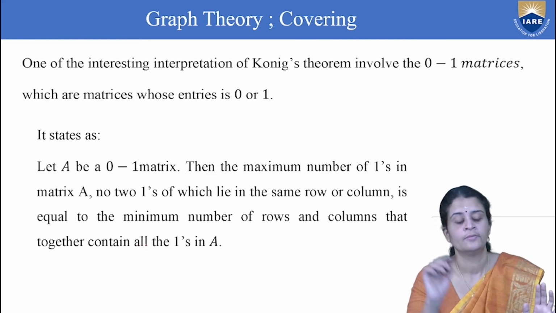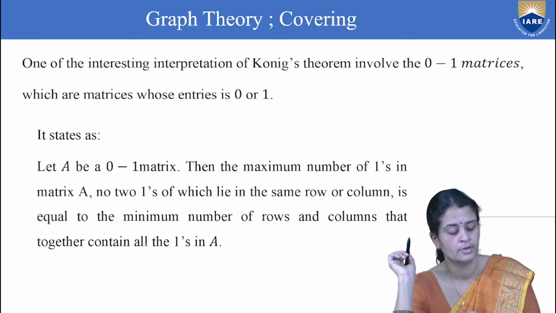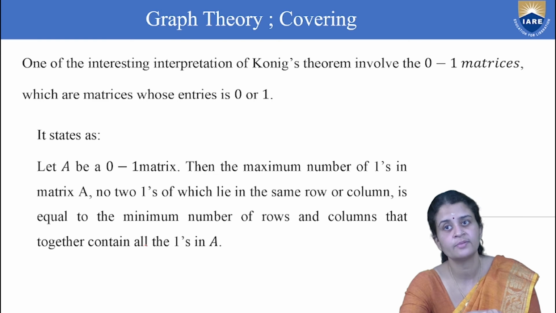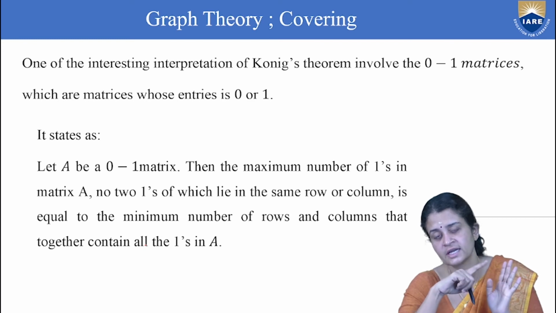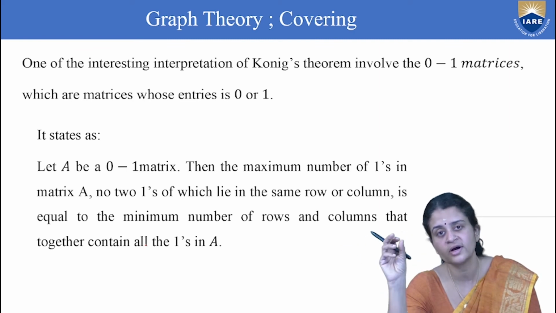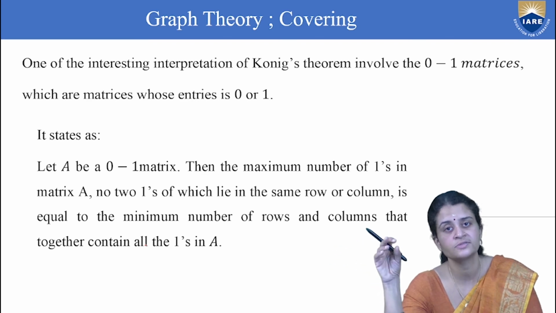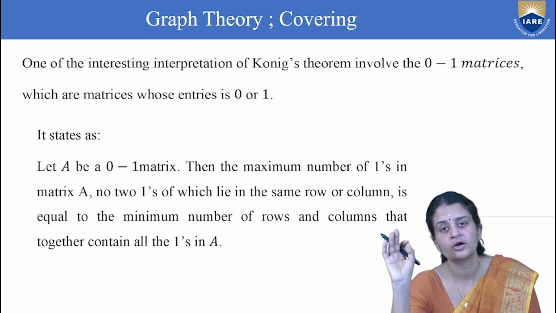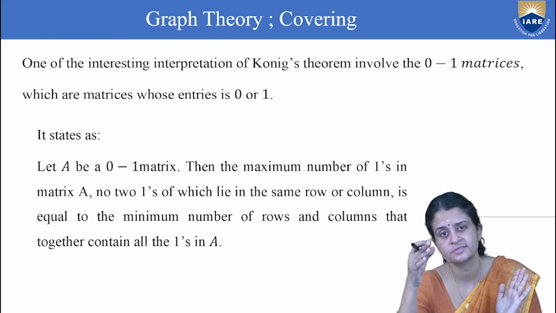What does it say? Let A be a 0-1 matrix. Then the maximum number of ones in A such that no two ones lie in the same row or column, that is, the number of independent ones, is equal to the minimum number of rows and columns together that contain all the ones.